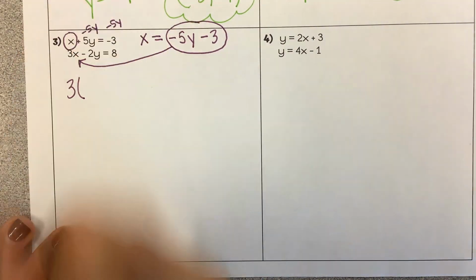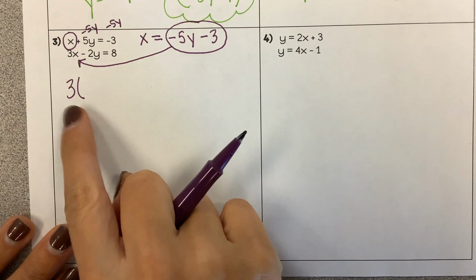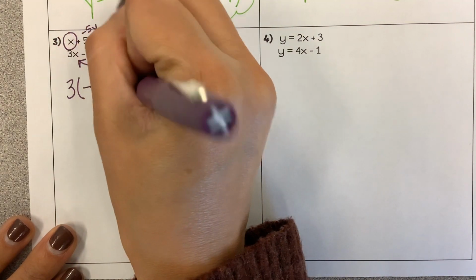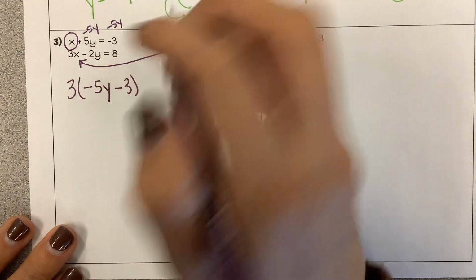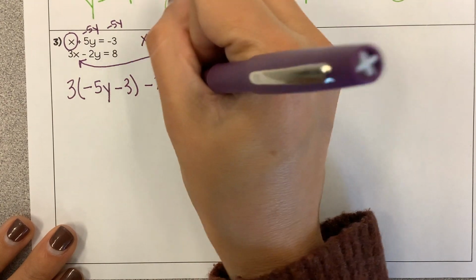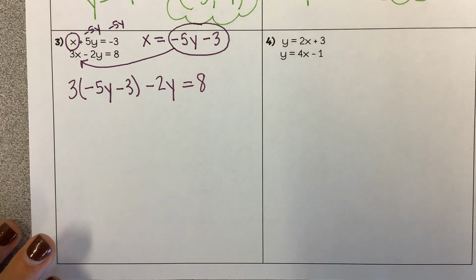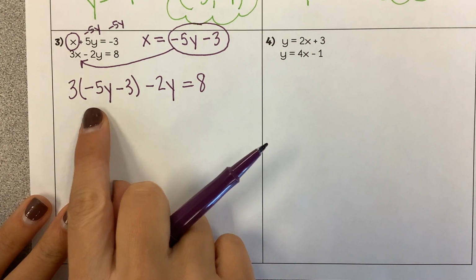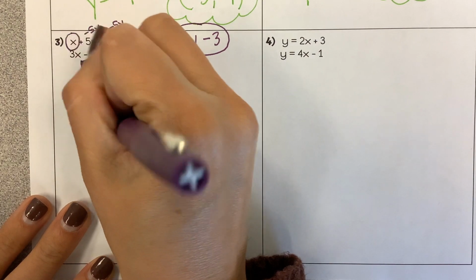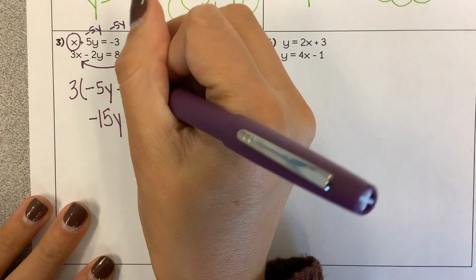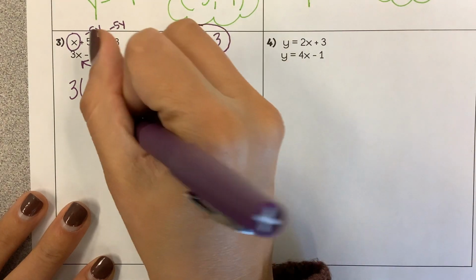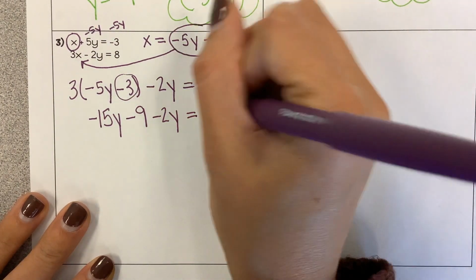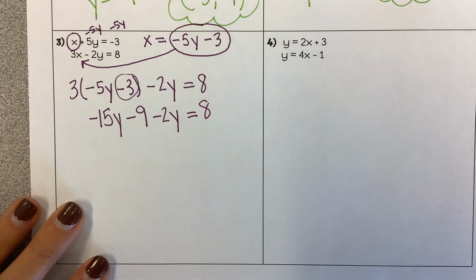So I'm doing 3 times the x value, and I'm putting in parentheses, which is negative 5y minus 3, and then bring down our minus 2y equals 8. So let's simplify. 3 times negative 5y is negative 15y, and 3 times negative 3 is negative 9. Bring down our minus 2y, bring down our equals, bring down our 8.